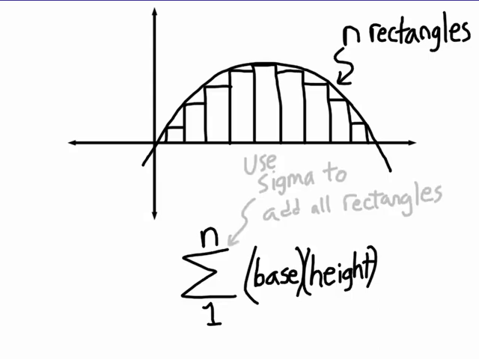We don't have the exact area under the parabola yet, but if I then take the limit and ask what happens as I take the number of rectangles n and drive it up to infinity. I can't let n equal infinity, but I can ask the question, what happens as n gets larger and larger and larger indefinitely as it approaches infinity? That will give me the exact area under that curve.